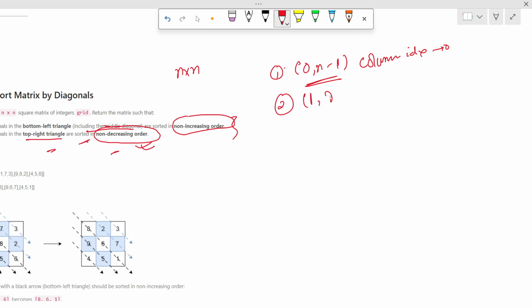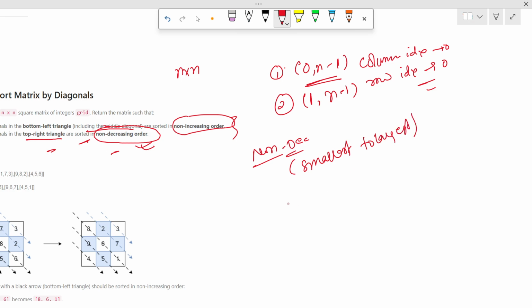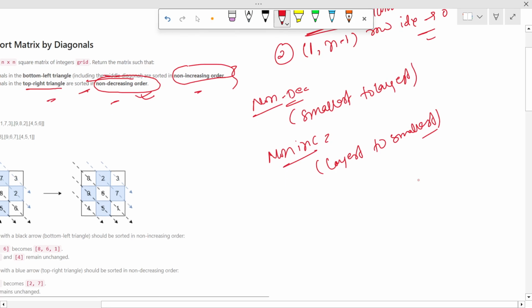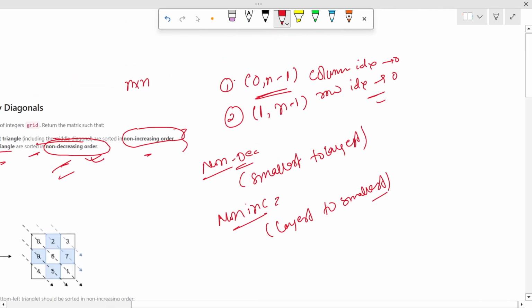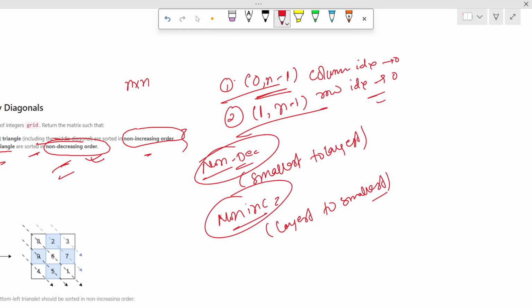It means indices 1 to n minus 1, where the row index is 0, and the numbers along these diagonals should be sorted in non-decreasing order. Basically, non-decreasing order is smallest to largest, and non-increasing order means largest to smallest. I hope you understand these two conditions, 0 to n minus 1 and 1 to n minus 1, and non-decreasing and non-increasing order.